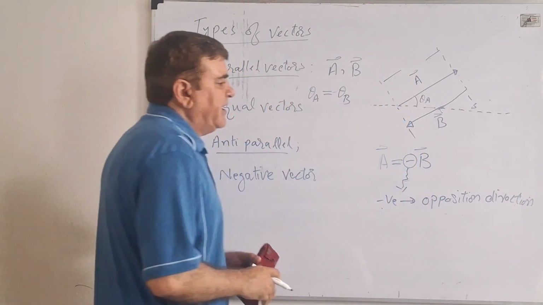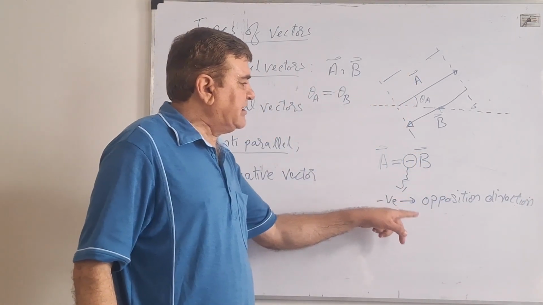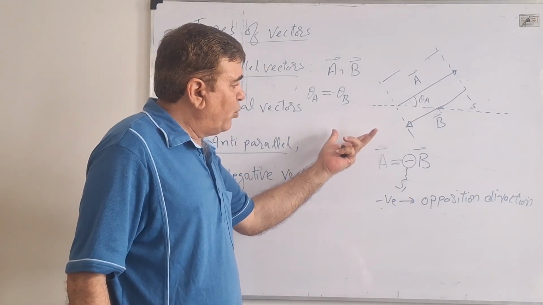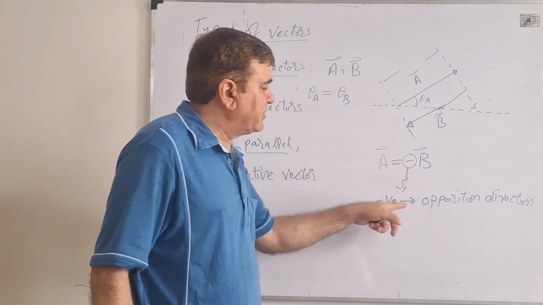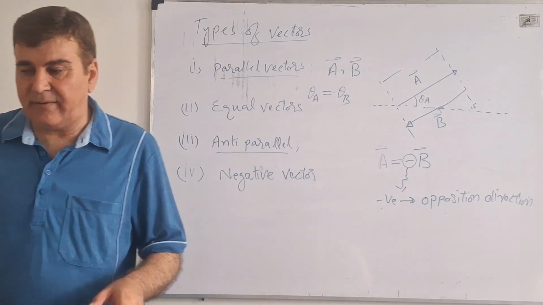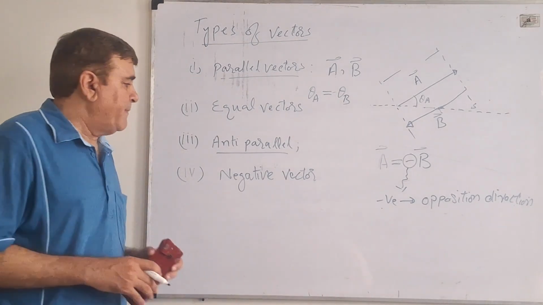In vector algebra, keep in mind whether we are doing vector algebra or drawing vectors geometrically, the negative sign is used for opposition in direction between two vectors, or one with respect to the other.